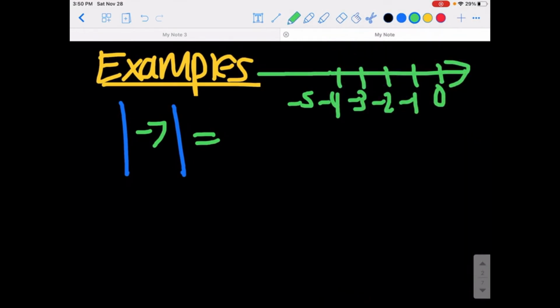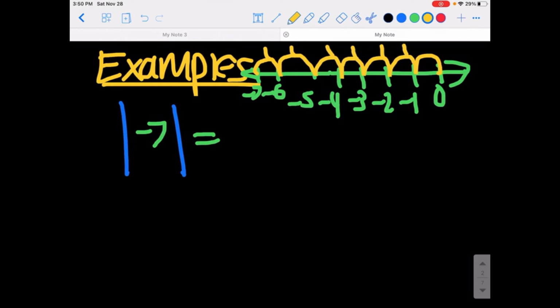Let me redraw it so it goes all the way here: -5, -6, -7. I'm just showing you a visual for example. So 1 unit, 2, 3, 4, 5, 6, 7. So it's 7 units away from 0. So the absolute value of -7 is 7.